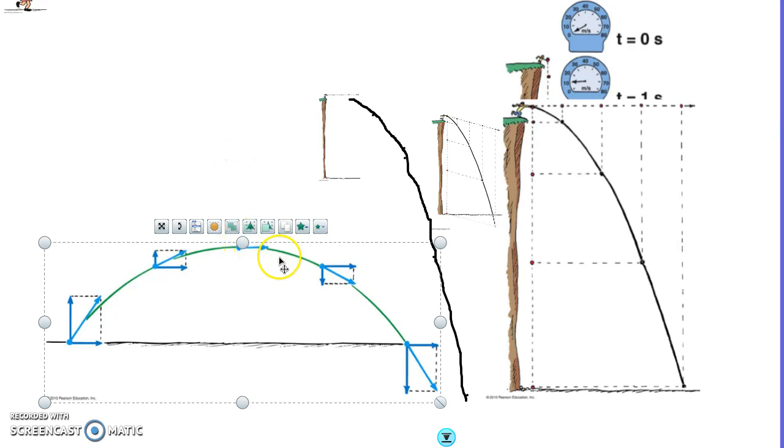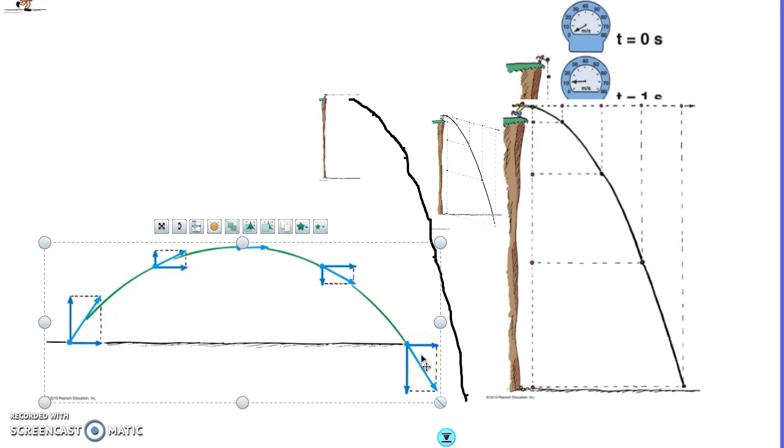Once you get over the top, then it begins to increase as it speeds up going back down. So gravity is working against it here. It's decelerating it vertically. And then once it gets over here, it begins to increase the acceleration vertically back down toward the ground. So you notice the arrows there start getting bigger. Notice that the horizontal arrows stay the same.